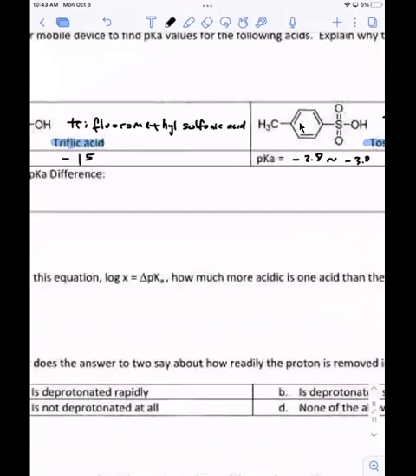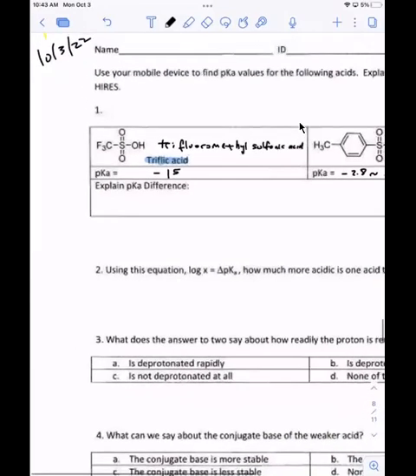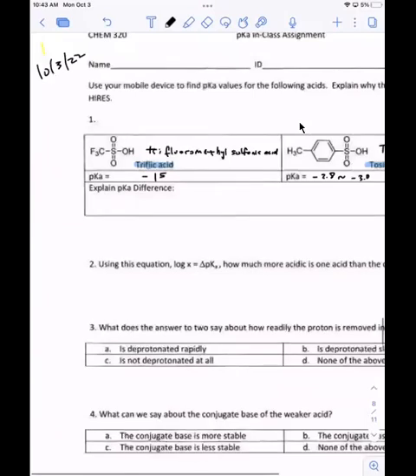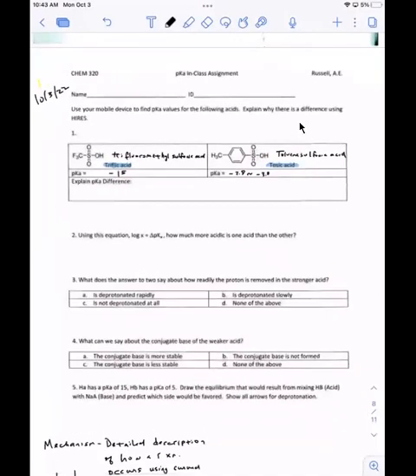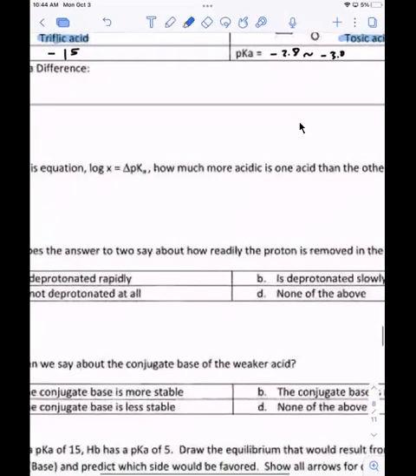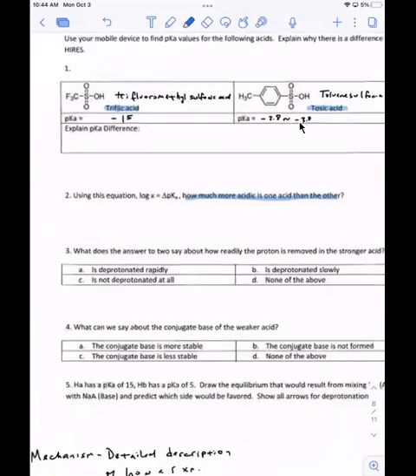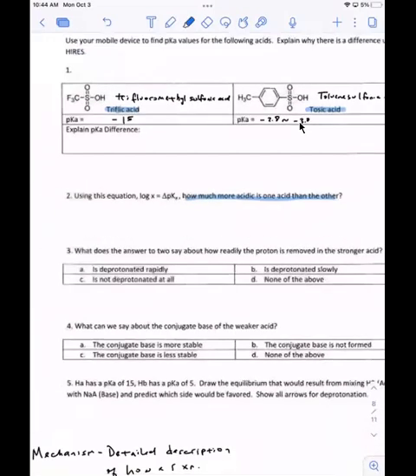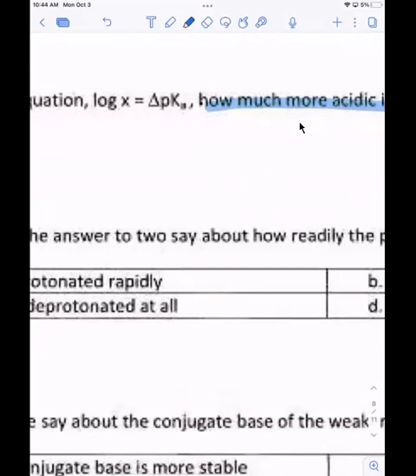All right, that'll make it easier to calculate the difference in pKa. So the question says explain the pKa difference. Let's do the other questions first, and then we'll come back and explain that. So how much more acidic is triflic acid than tosic acid? We know the formula for that, right?